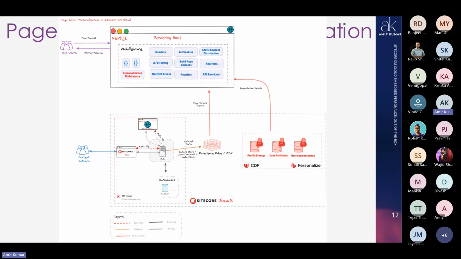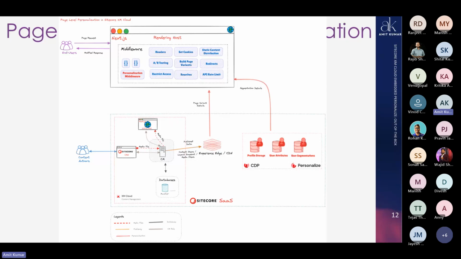So the personalization middleware will send an API request to your Edge GraphQL endpoint to fetch all personalized variants for the current page. For example, if you have created a page variant for users coming from a certain region, that is one variant for your page, and for users who have earlier accessed this page, that is a second variant.